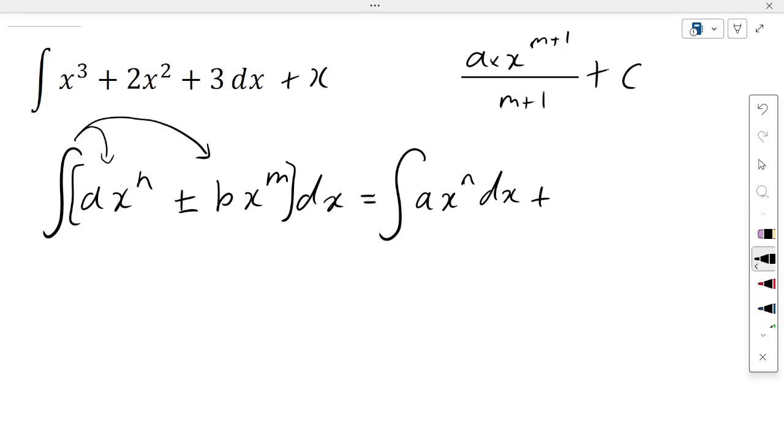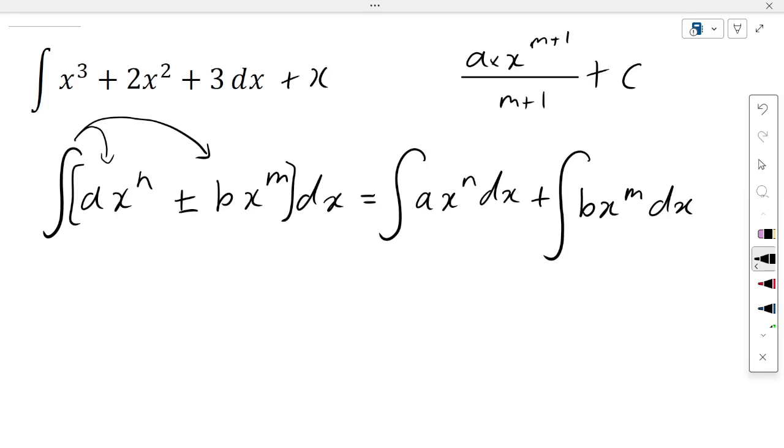Both of them have to be with respect to dx, otherwise it won't work. Note how this is how we linearize them in terms of integration.